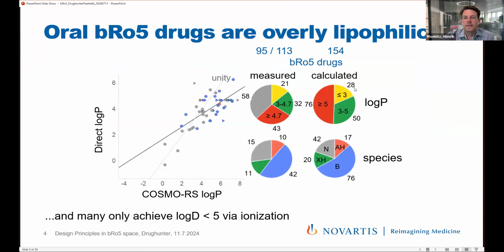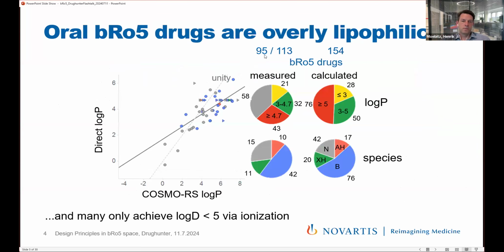On the next slide is a look at the physical properties of marketed beyond rule of 5 drugs, oral. We have about 113 in our archive of the 154. And of those, only 95 could be measured in logP.